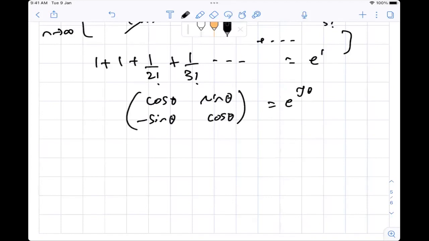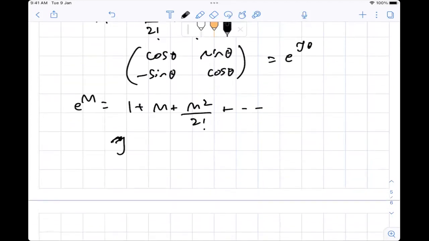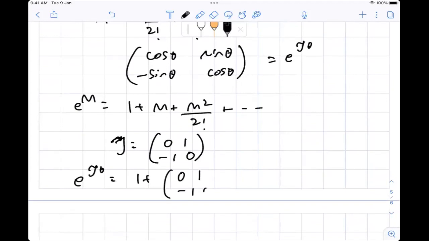So it can be checked very easily, because we know that e to the power m is defined to be 1 plus m plus m square over 2 factorial and so on. If you do this, because you know the form of j, what is j? 0, 1, minus 1, 0. Then e to the power j theta is equal to 1 plus 0, 1, minus 1, 0 times theta plus theta square times 0, 1, minus 1, 0 whole square and so on.